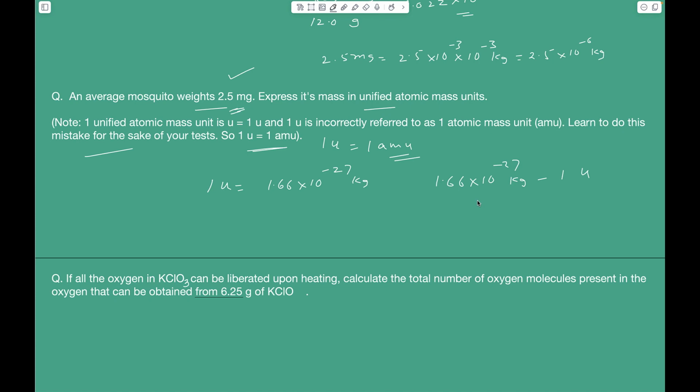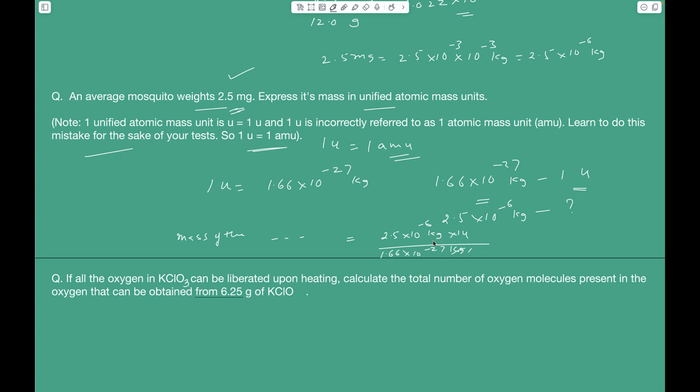So if these many kilograms mean 1 U, then 2.5 into 10 to the power of minus 6 kilograms means how many U? So the mass of the mosquito in U is equal to 2.5 into 10 to the power of minus 6 kilogram times 1 U over 1.66 into 10 to the power of minus 27 kilograms.